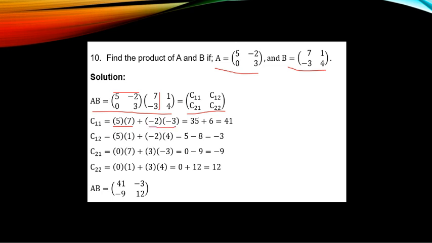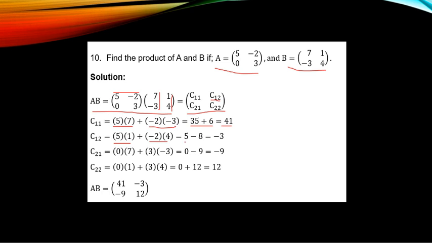See that? So you have 35 plus 6, that is 41. Minus is positive. Then to get the second entry in the first row, you use the same first row to multiply the second column. That is 5 times 1 minus 2 times 4.